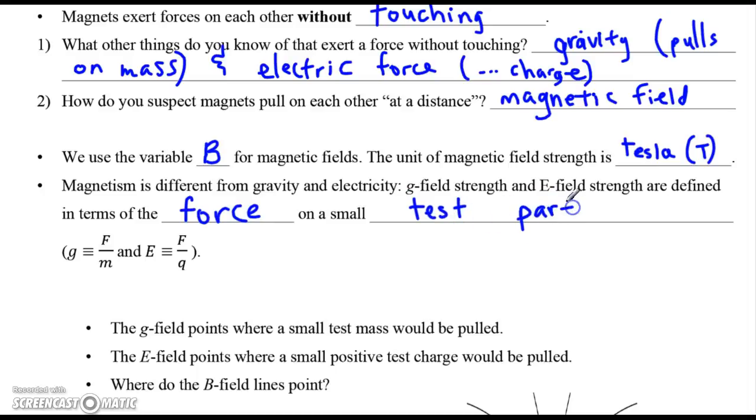So the test particle could be a small positive test charge, or it could be a small test mass. See, in the equation, we define the strength using force and a test mass or a positive test charge. That's not the case for magnetism. We do not do it that way with the magnetic field strength.